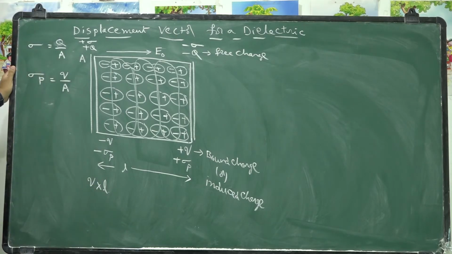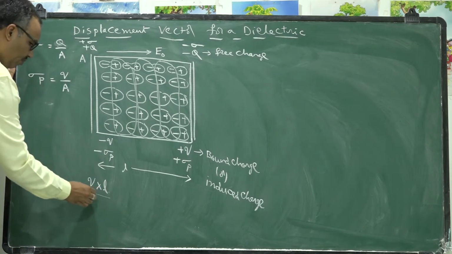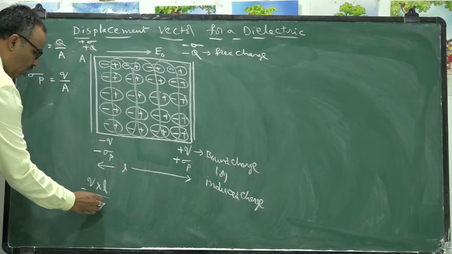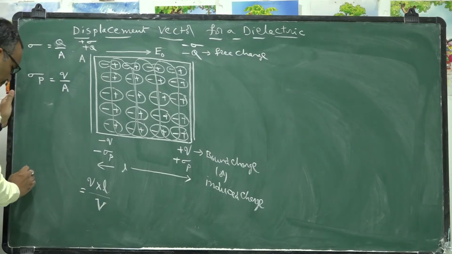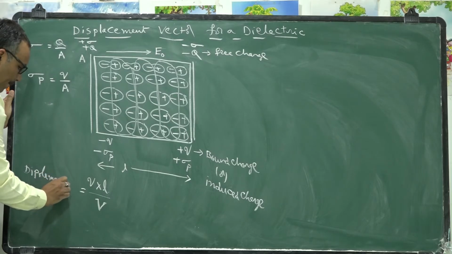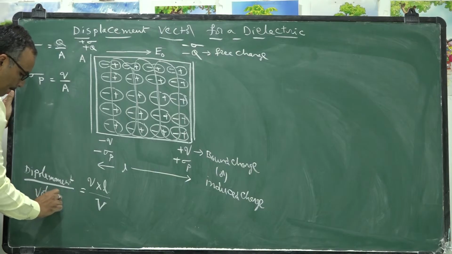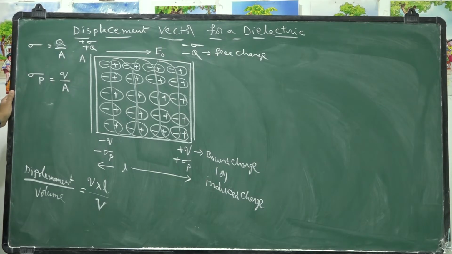But I need dipole moment per unit volume. What I need is dipole moment per unit volume. V stands for volume. I need dipole moment by volume.